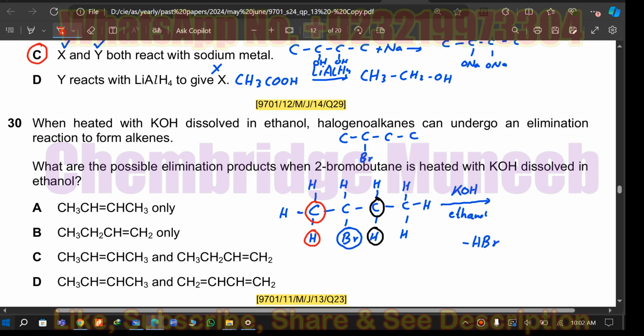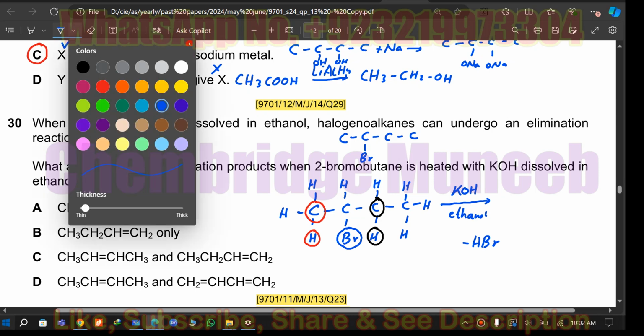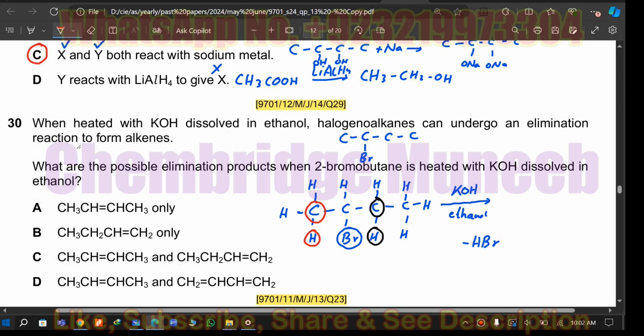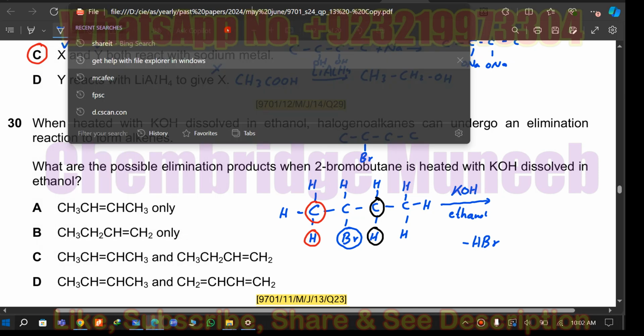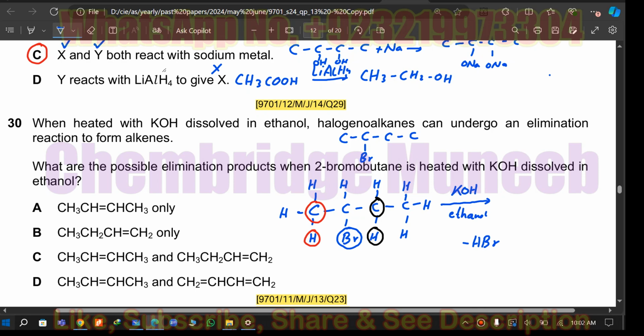So this means that options A and B will be eliminated, because options A and B say that only one product will form, so that's why these are incorrect. Now let's look at C and D. First check D. D says the first structure will be CH3 on this side, then CH double bonded CH, and then CH3.